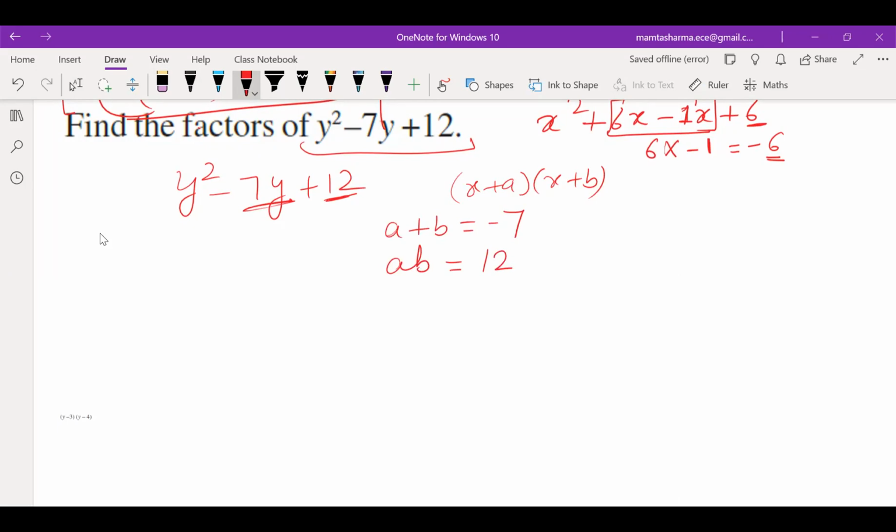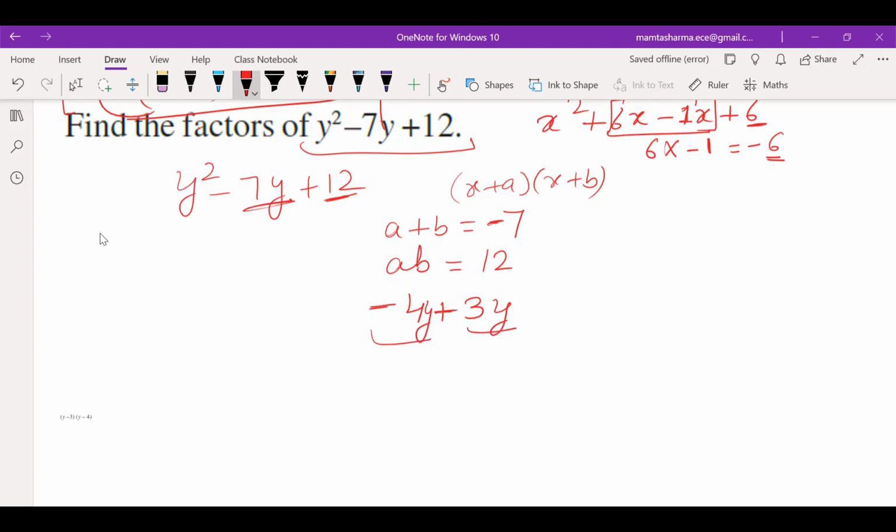Ma'am, minus 4y into minus 3y. -4 into -3. Yes, correct. Absolutely correct. If you want, you can also take it like -4 plus 3y, plus -4 into -3. No, see how you could write -4 into 3.